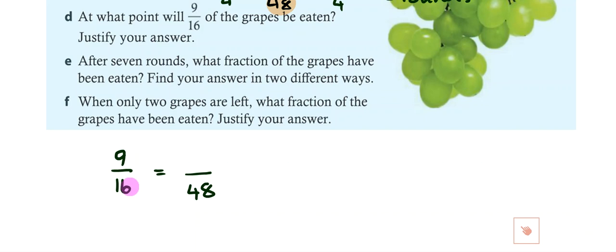It's 3. So if I times that by 3, I get 48. So this can happen 3 times. Which means if I times this one by 3 as well, that means if that carries on, I will have eaten 27 out of the 48.